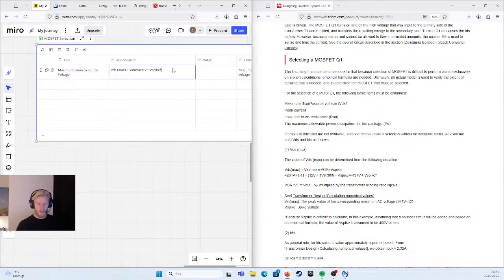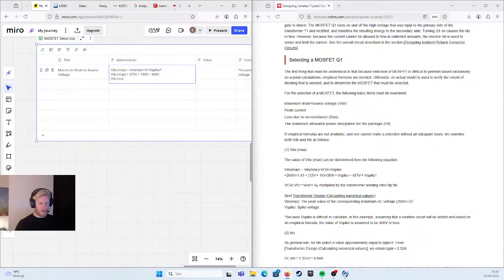And we know V in max. The VDS max is equal to 375 plus 100 volts plus the 400 volts.